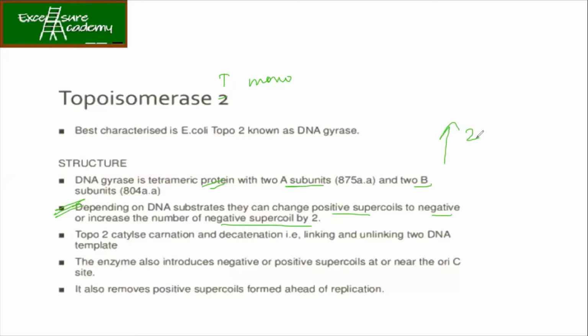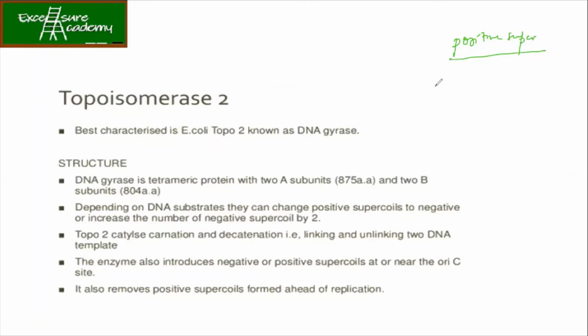Okay. Getting the point? See, if in your DNA you have got positive supercoiling, okay, if my topoisomerase 2 comes and adds 2 negative supercoils, so what will happen, is it making your DNA relax or more tense? Simple math. I'll repeat the question again. So I have got a positive supercoiled DNA.